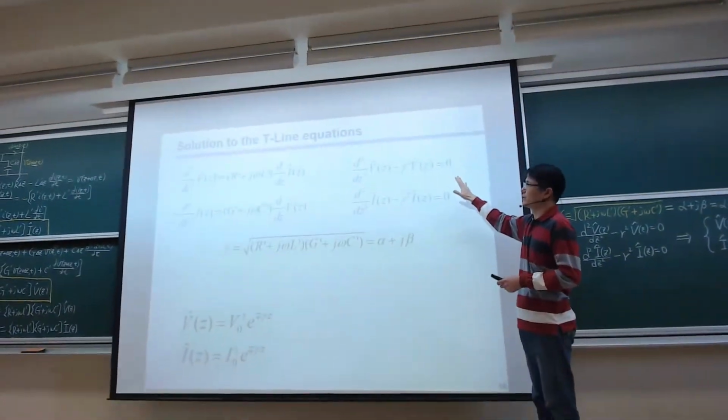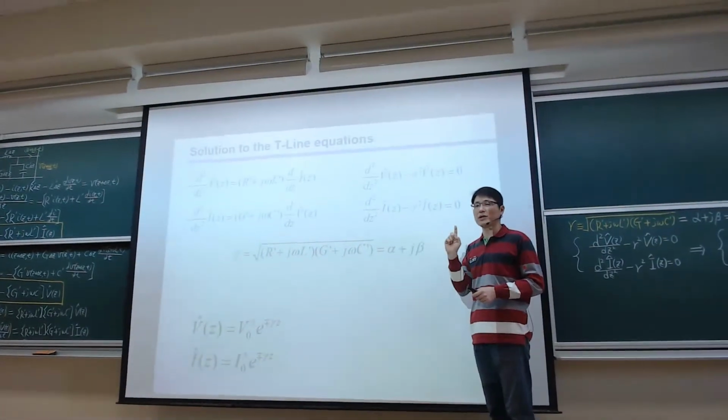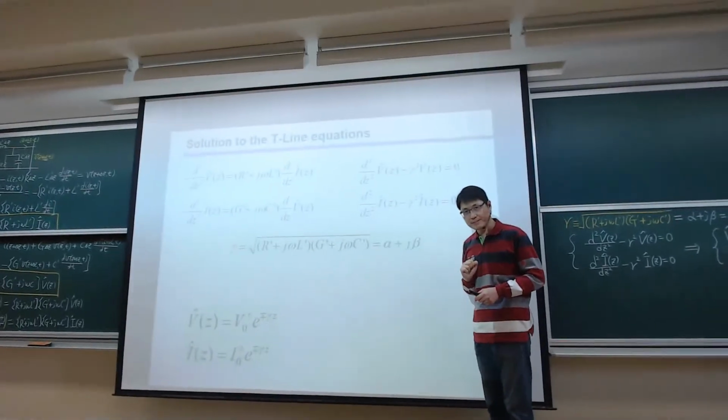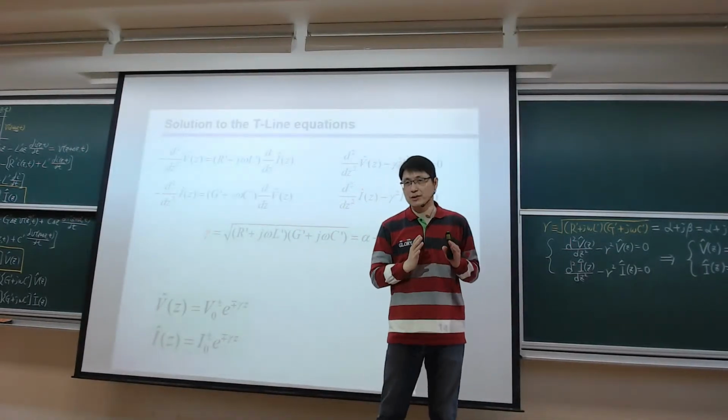So we proved up to now both voltage and current are traveling waves on the transmission line. And then somehow we define this gamma, right? This complicated stuff is actually telling you how the wave is propagating on the transmission line.